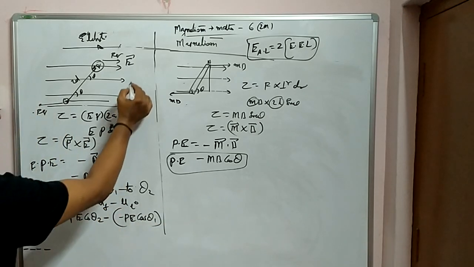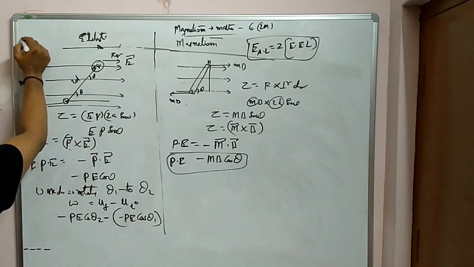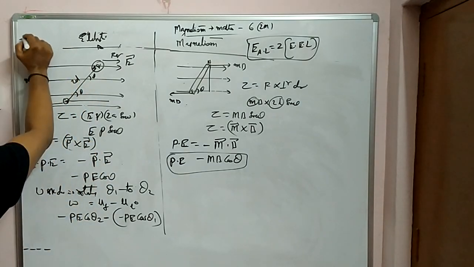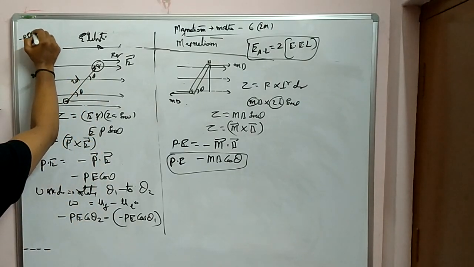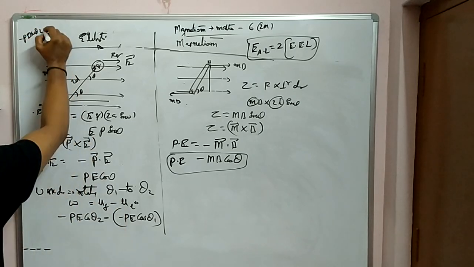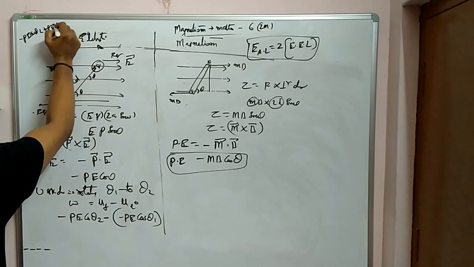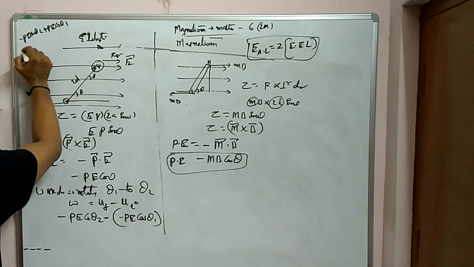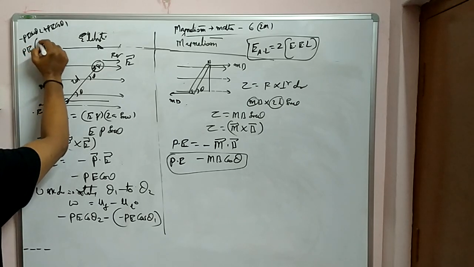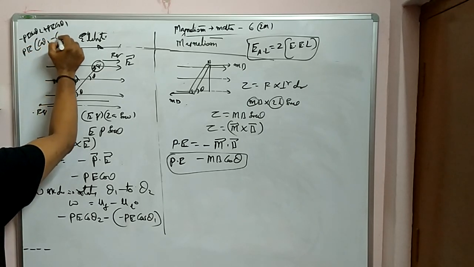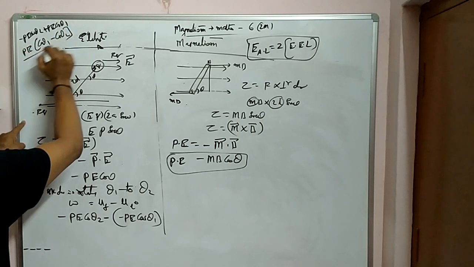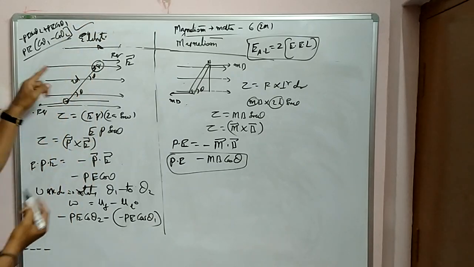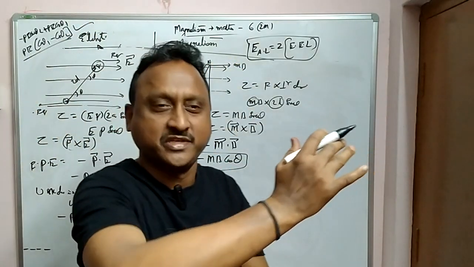So finally, minus into minus becomes plus, plus PE cos theta 1 minus PE cos theta 2. If you take PE common, inside it becomes cos theta 1 minus cos theta 2.